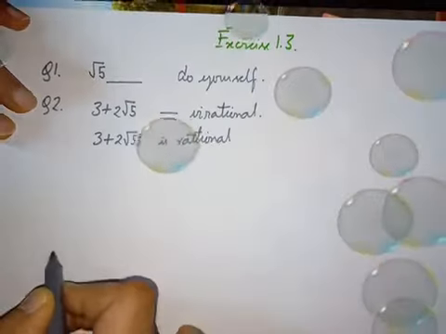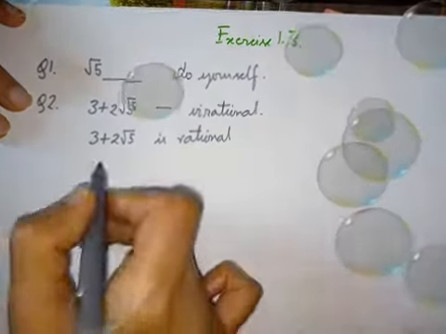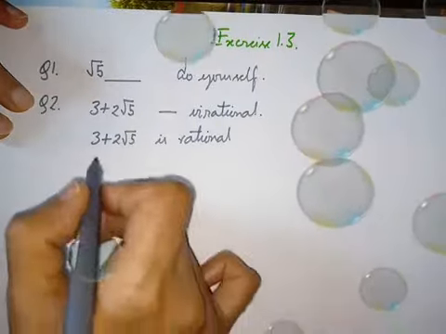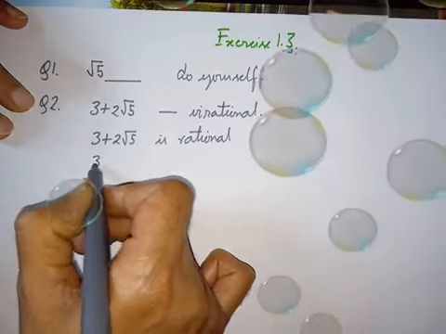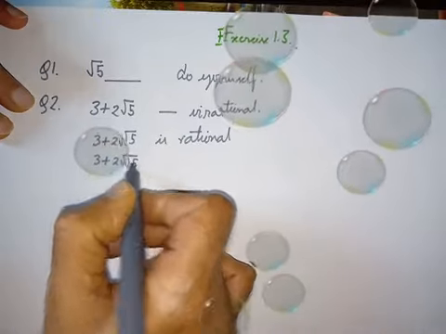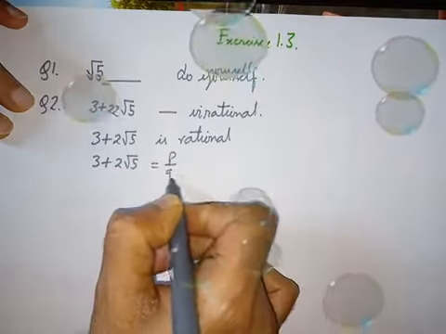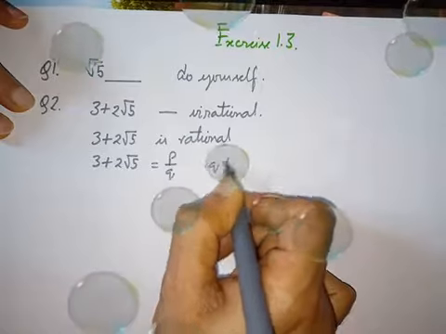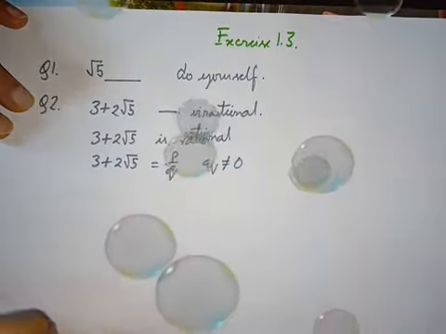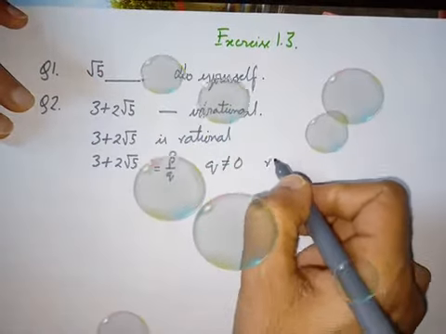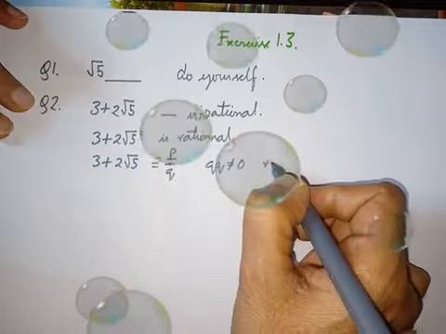It is rational, and if it is rational, it means it can be represented in the form P upon Q. So it becomes 3 plus 2 root 5 is equal to P upon Q, where Q is not equal to 0.